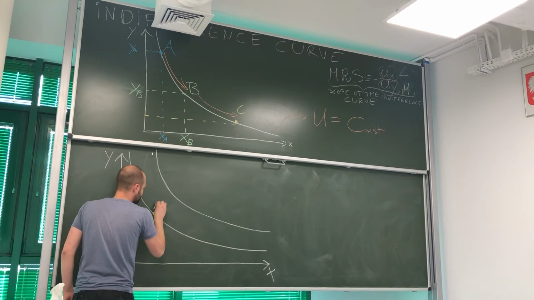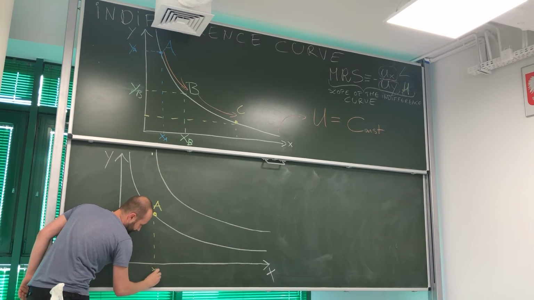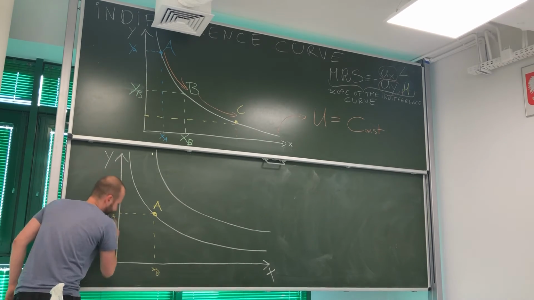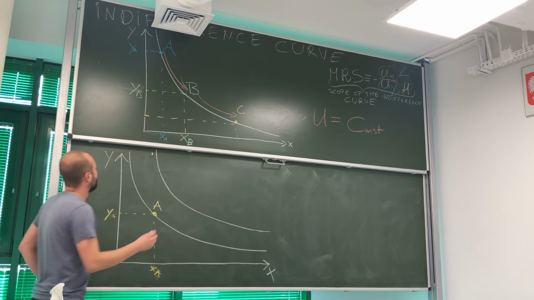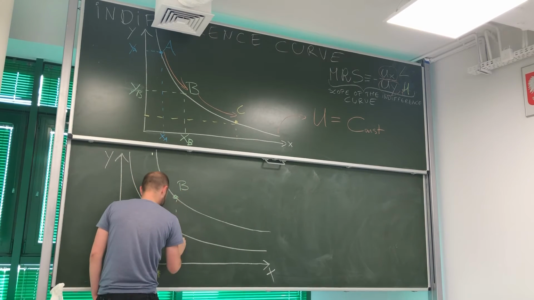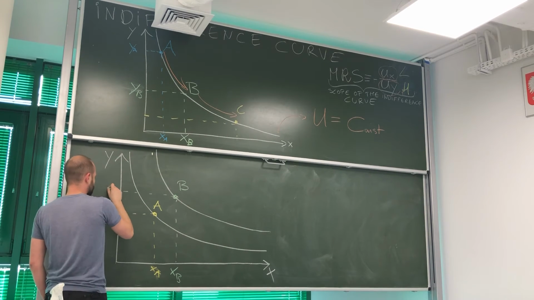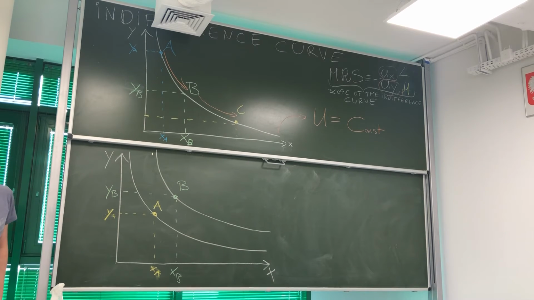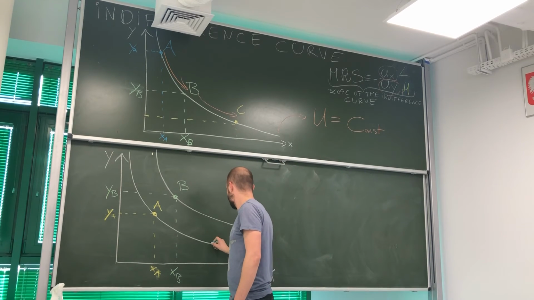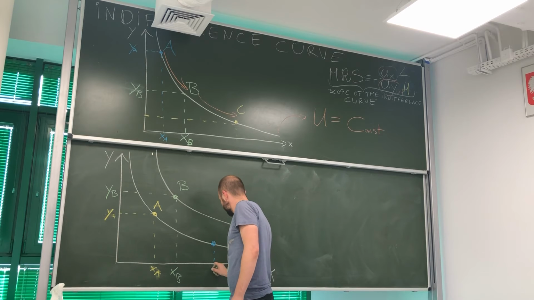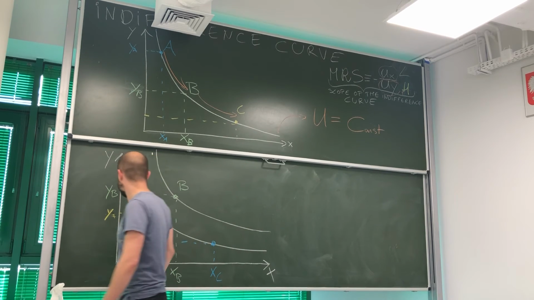Let's just call it A. I'm sorry, y A, x A. And then we've got a point like B. And finally, we've got a point like C. Okay.